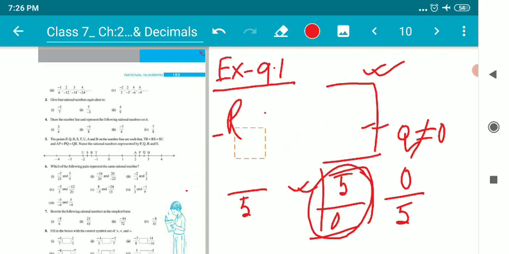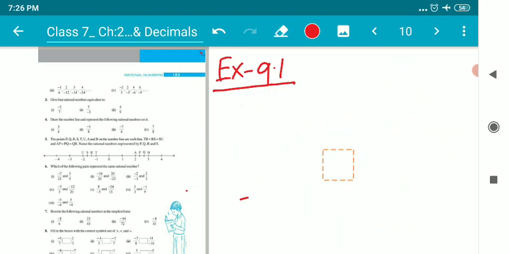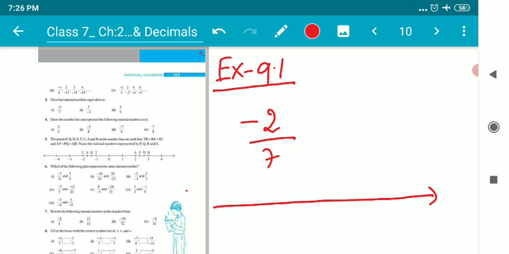Now the question is, can a rational number be expressed on the number line? Of course. Every rational number in this world can be expressed on the number line. Suppose I'm choosing the number minus 2 by 7. Can we express this on the number line? Yes, we can. If I draw a line, this is 0, this is 1, this is plus 2, this is minus 1, and this is minus 2.